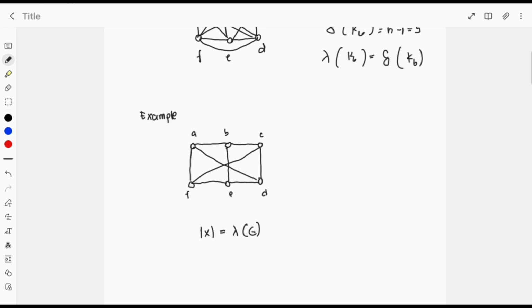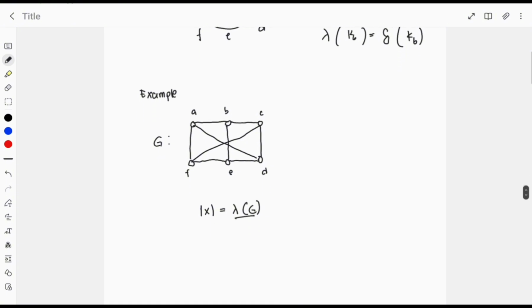So X is the minimum set of edges that can be removed to disconnect the graph, which means X has lambda of G edges. Removing X from G results in two disconnected components, H1 and H2. We assume each component contains at least one vertex as G is initially connected.